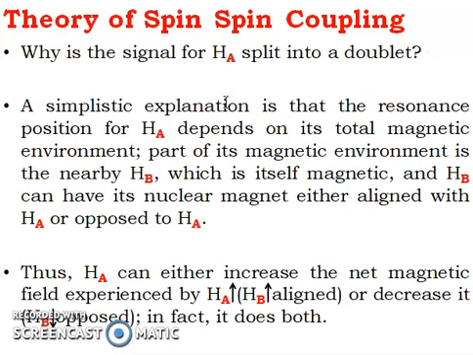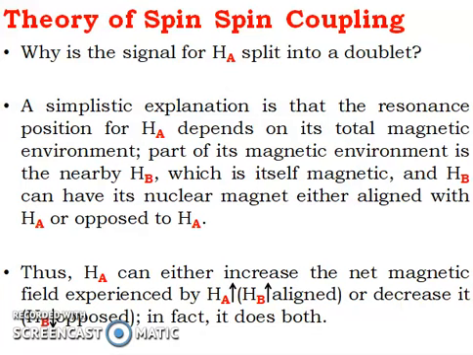Let us see why the signal of HA splits into a doublet. A simplistic explanation is that the resonance position for HA depends on the total magnetic environment. Total magnetic environment means the magnetic field which we are giving and the magnetic environment given by the neighboring proton HB, because HB has a different magnetic environment.